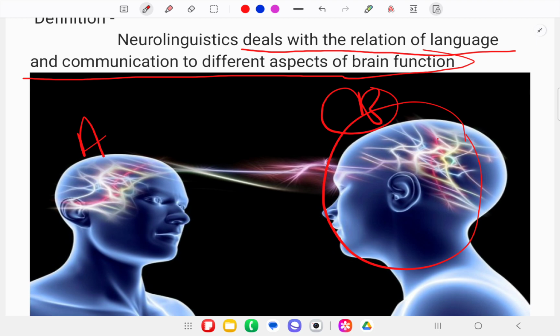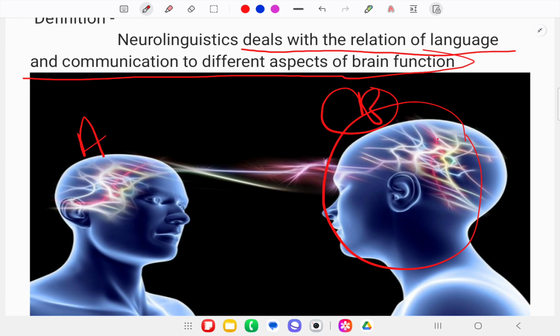But when we think about how that person is able to produce the language, this comes under psycholinguistics, meaning what cognitive roles are played in the language processing of that person.